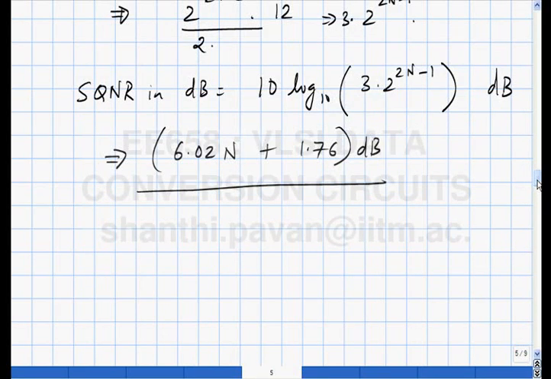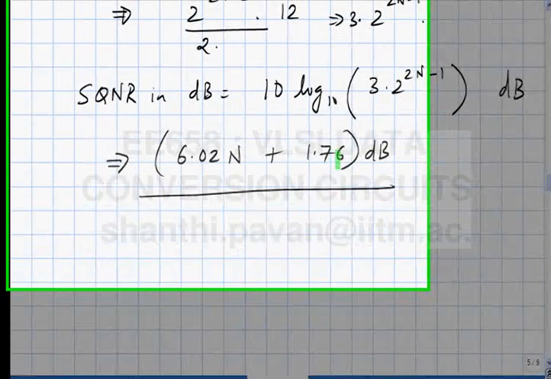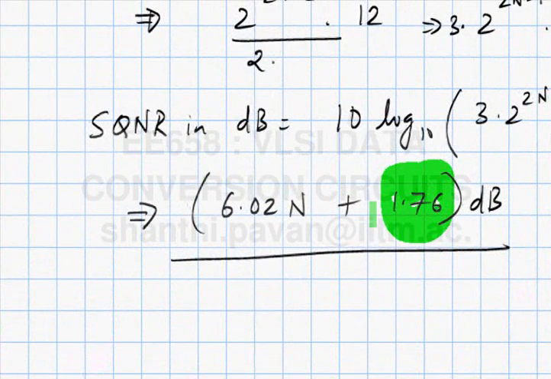A factor of 4 in dB is 6 dB. This 1.76 comes about because of the sine wave, from the ratio of the RMS value of the sine wave to the peak. For different waveforms, if you did the same calculation for a ramp, you will find that this 1.76 is different.